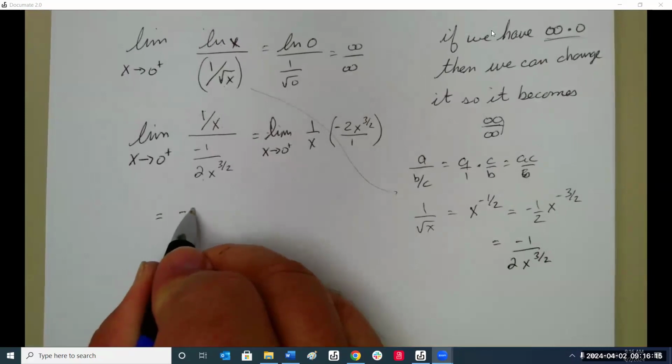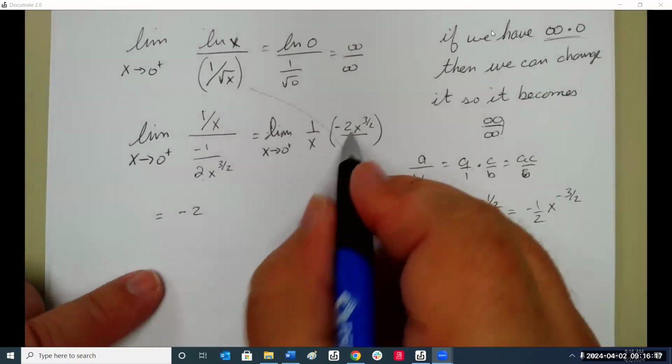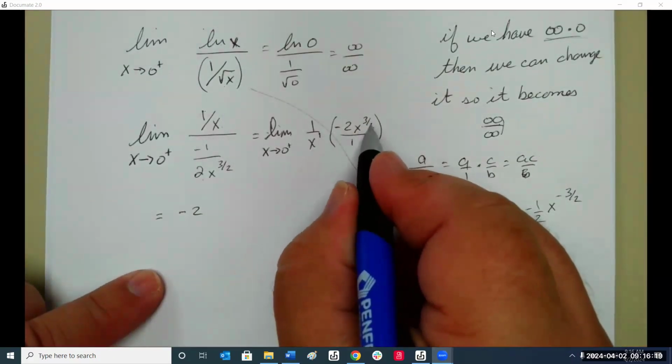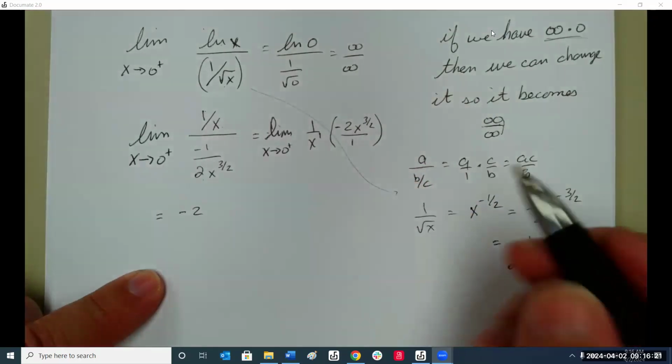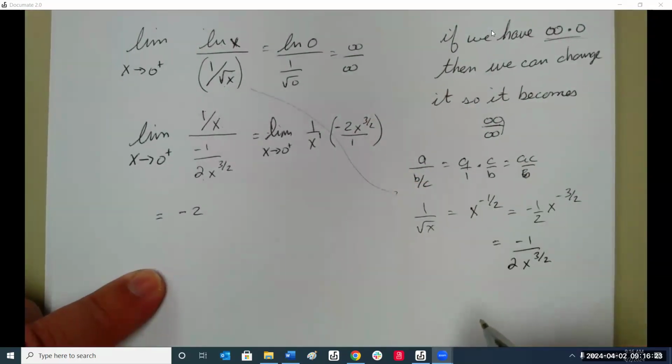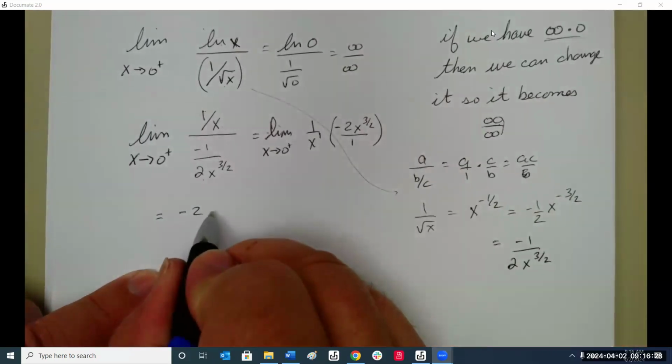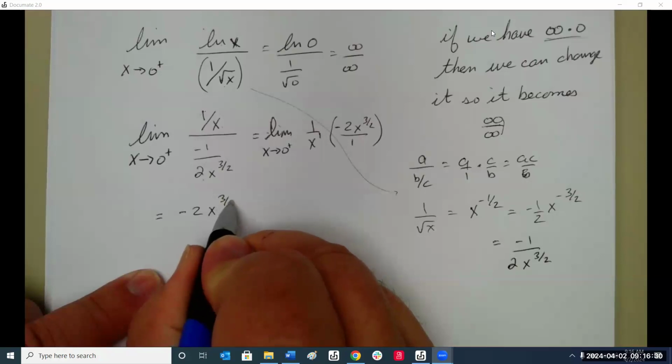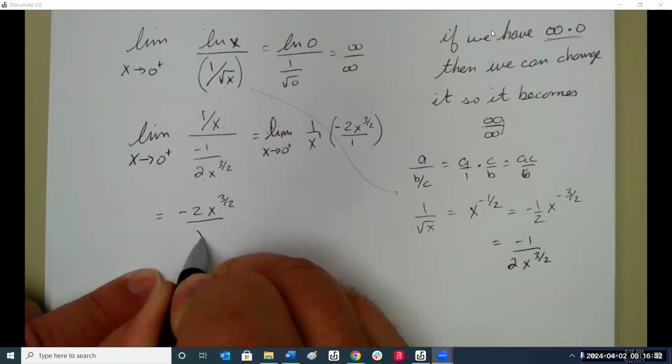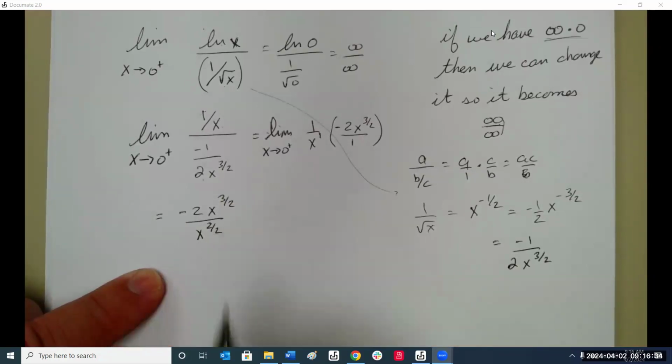So we have negative 2 x to the 3/2 over x to the power 1.